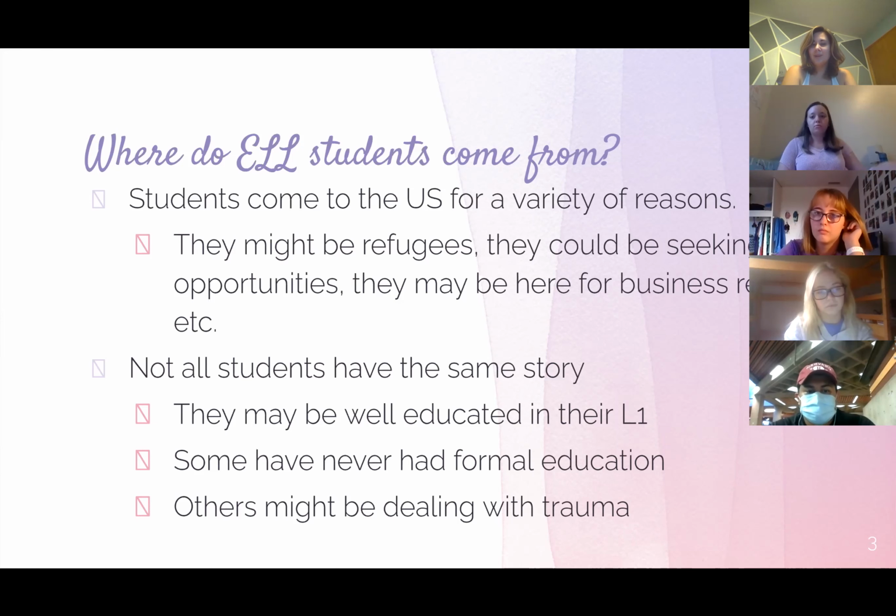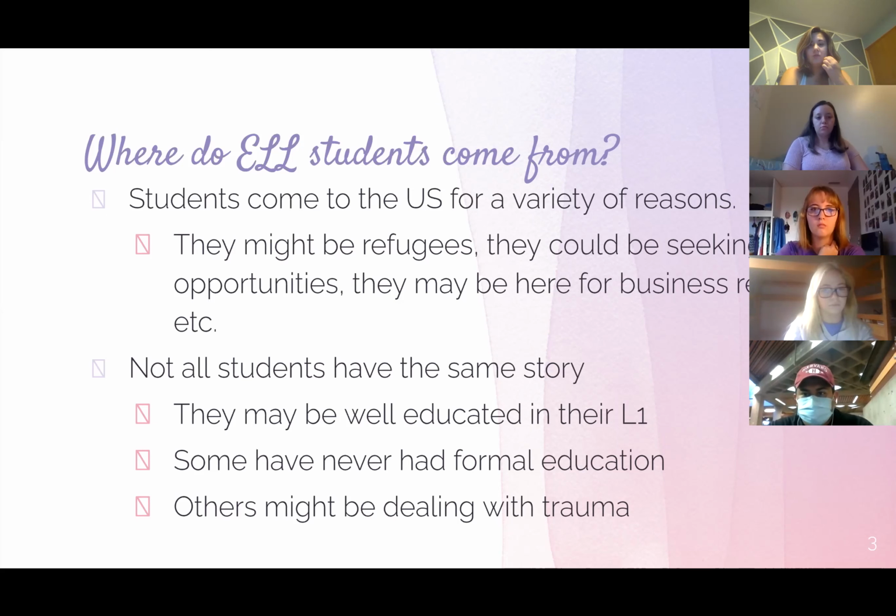So another thing to point out is sometimes those students get labeled as ELL students because they don't speak English at home, but that doesn't mean that they don't necessarily know English. They could be super good at English, but they're still going to be labeled as such because that's not their home language. So that's something that we always have to think about too with these kind of students.